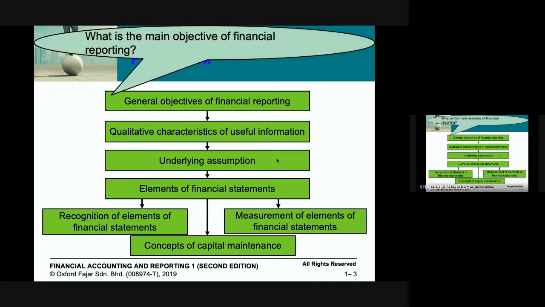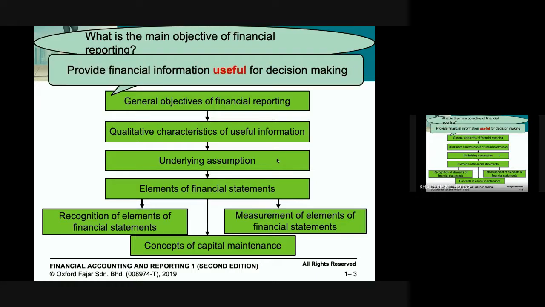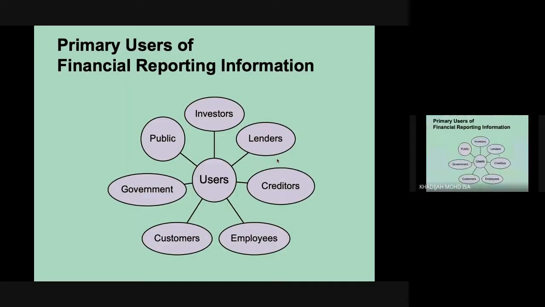Okay, so what are the main objectives of financial reporting? Of course, it is to provide financial information which is useful for decision making. And who are the users? It could be your investors, of course the shareholders, lenders who provide you with credit.